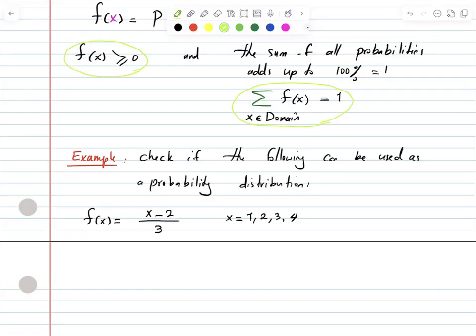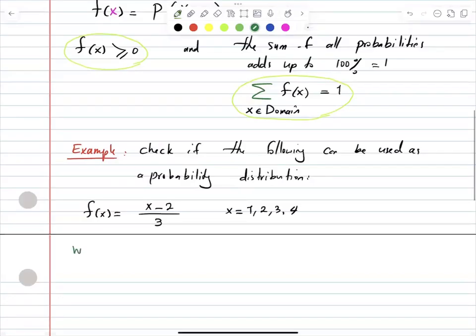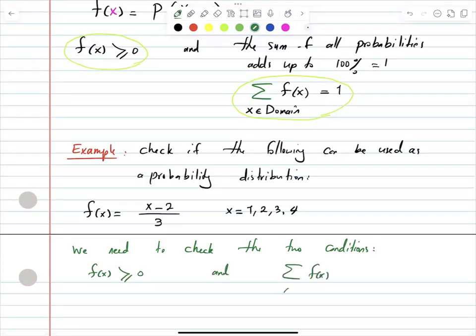So let us begin. We need to check the above conditions. First of all, f of x must be more than or equal to 0, and also the summation of f of x for every x in domain D, for example, must be equal to 100% or 1.